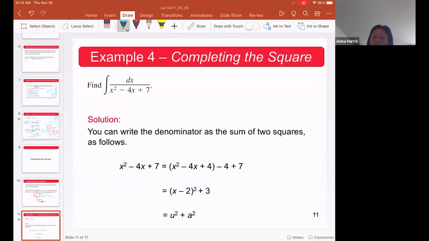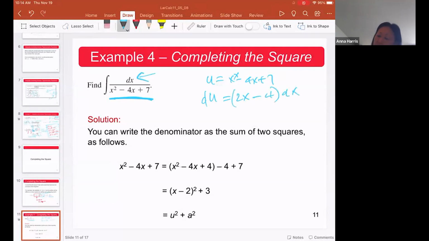So let's practice. When you have a problem like that, you do not know how to take the antiderivative of this. Because if I decide to put u to be x squared minus 4x plus 7, then du has to be 2x dx minus 4 dx.